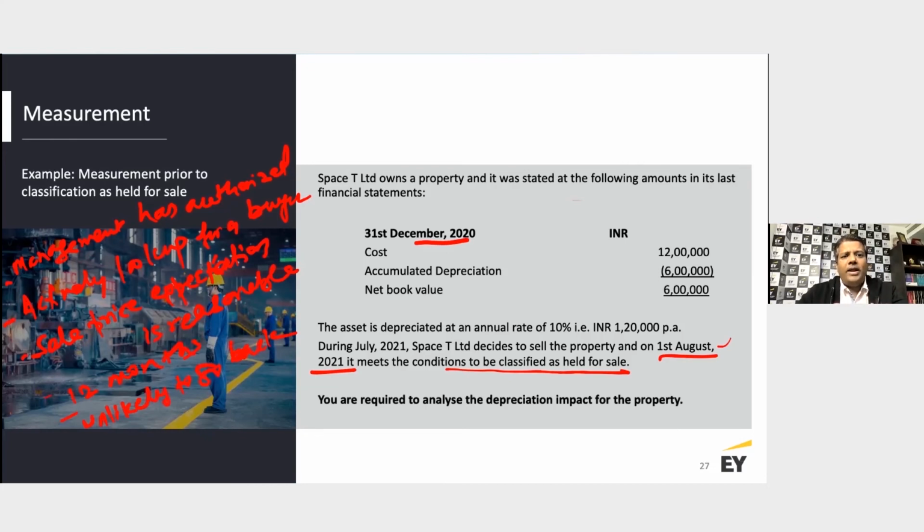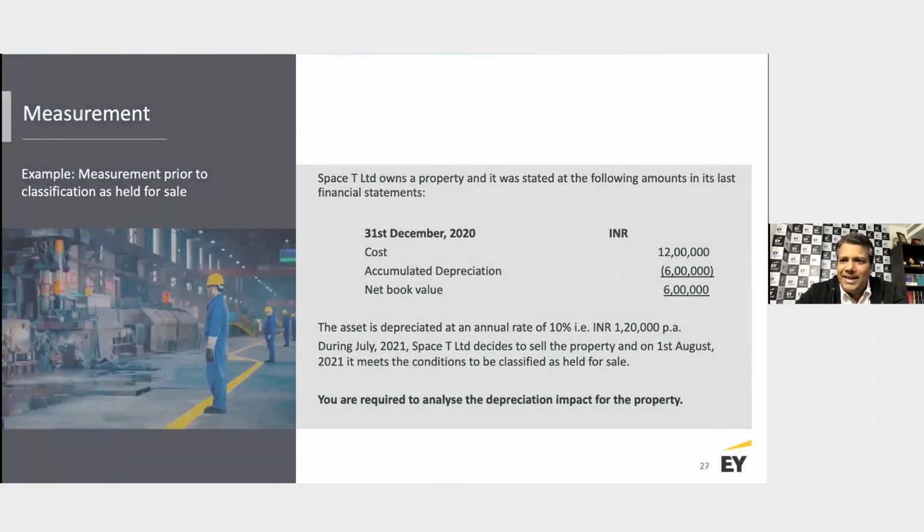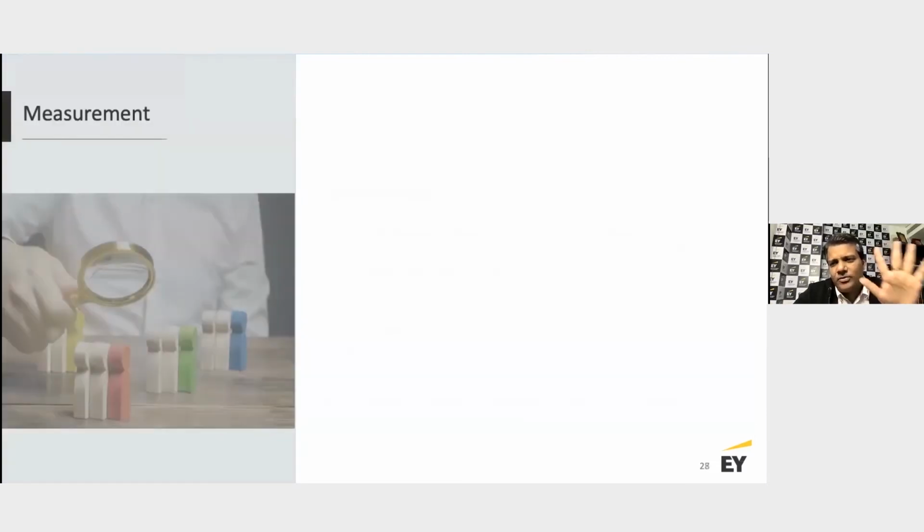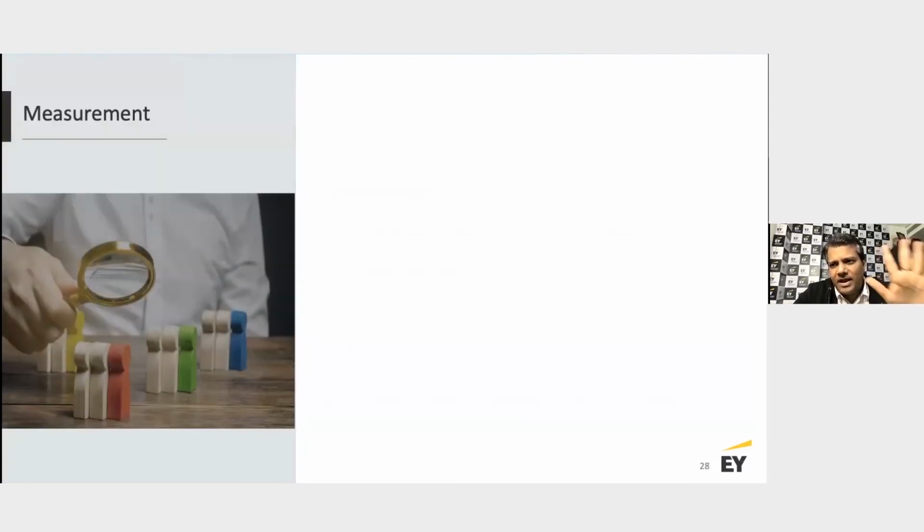Now you're required to analyze the depreciation impact for the property. Our net book value as of 31st December 2020 is 6 lakhs. So we have to determine the carrying value immediately before this is classified as held for sale. I will provide for depreciation for how many months? 7 months, 5 plus 2.